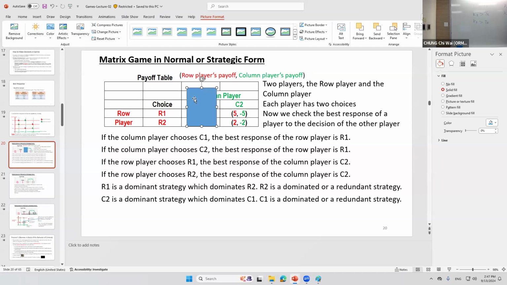We use a similar approach to determine the best response of the column player to the decision made by the row player. If the row player chooses R1, and the column player chooses C1, then the column player's payoff will be minus 6.